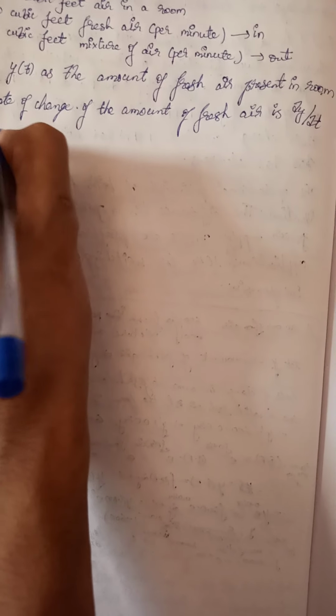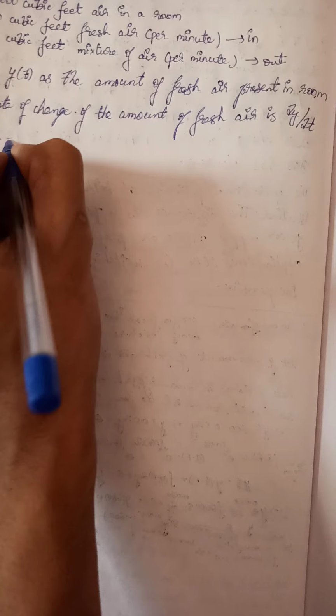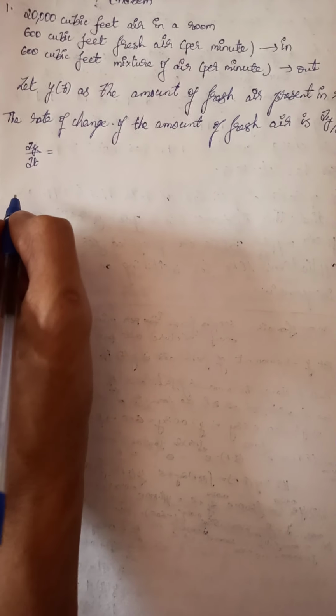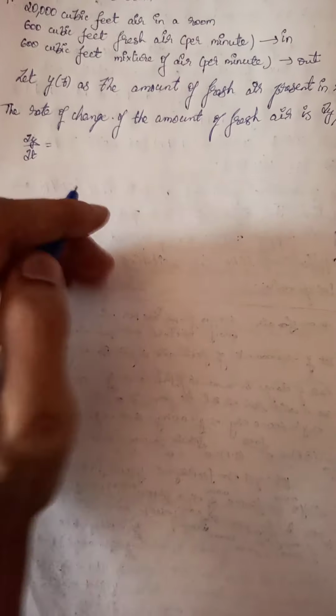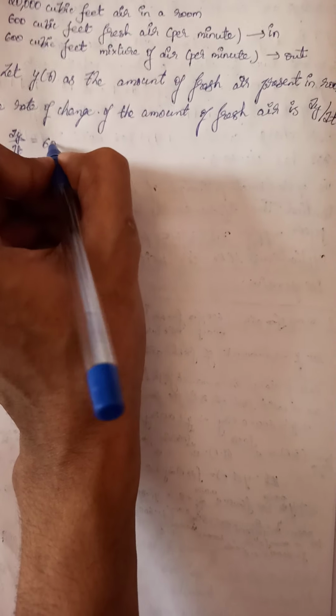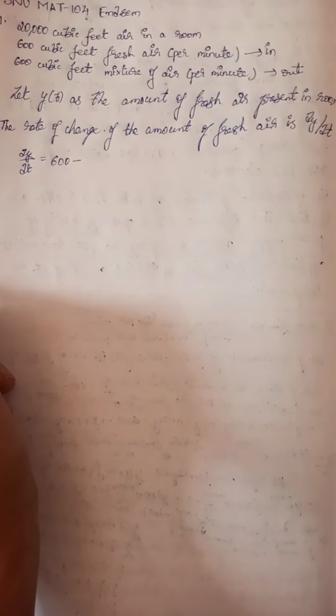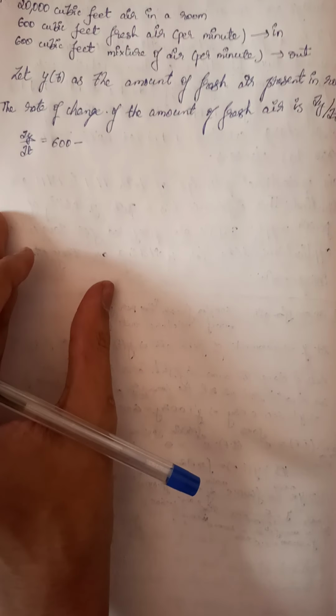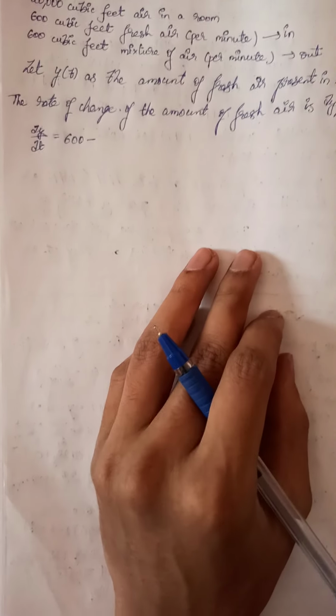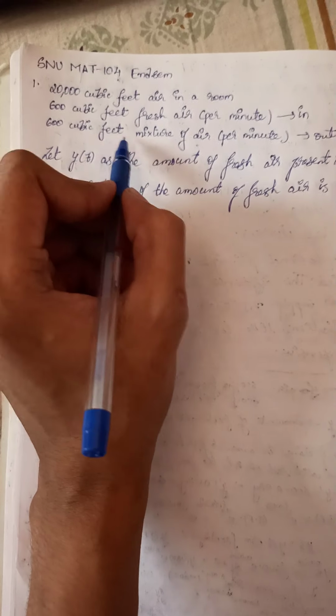So dy by dt is equal to the total amount of fresh air that comes in per minute, which is 600 cubic feet, subtracted by the total amount of fresh air that goes out. The mixture of air that goes out is 600 cubic feet.